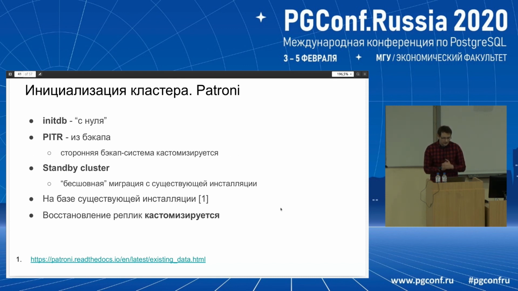Patroni itself, while being initialized, allows us not just to initialize the database from scratch, but also to define customized replica restorations. In Stolon, this situation is hard-coded, and replicas can be obtained through replicas, and in Patroni you can define them separately, stage by stage.